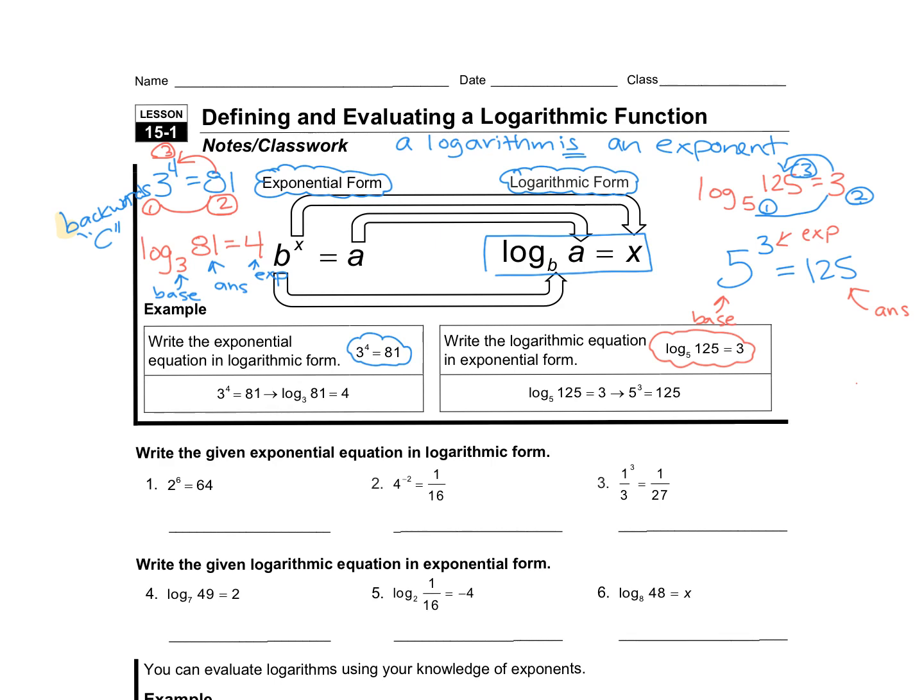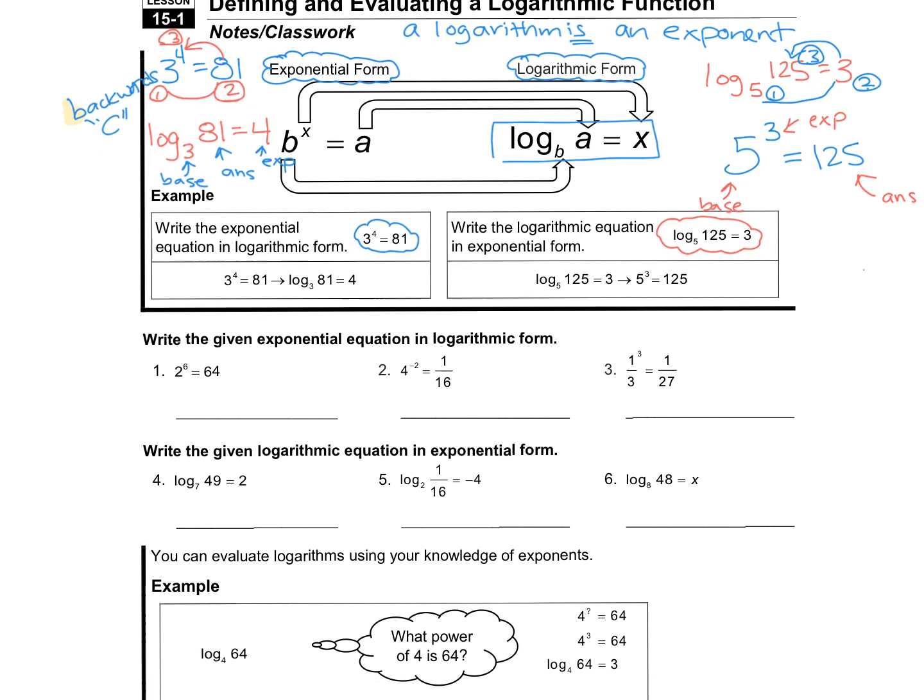Let's look at some additional examples of that. So in numbers 1, 2, and 3, we're given an exponential equation, and we want to rewrite it in this new logarithmic form. It'll be log base b of some number equals my answer. So let's begin here.